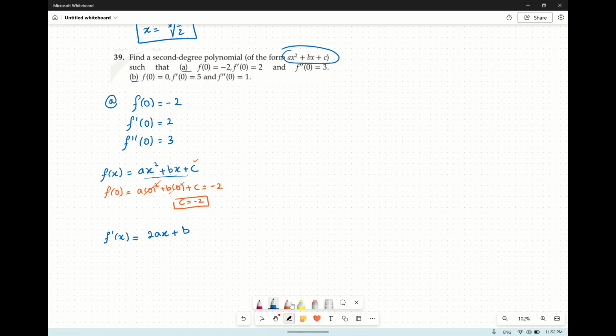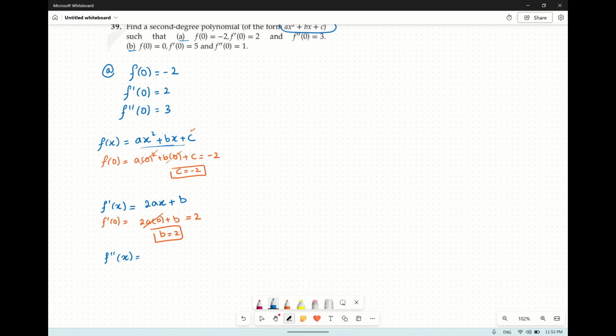Okay, so I found the first derivative. Now they are telling me that f prime of 0 is 2. So I will substitute in the place of x 0, and I will put this equal to 2. So this will cancel. So this means b is equal to 2. Now I need to find a. So now I use the third condition. F double prime of 0 is 3.